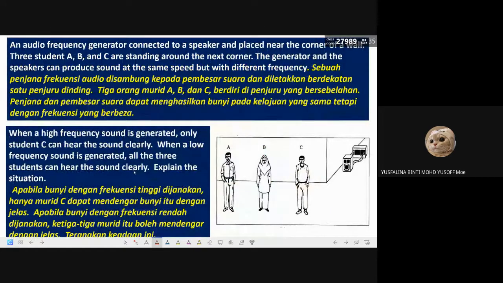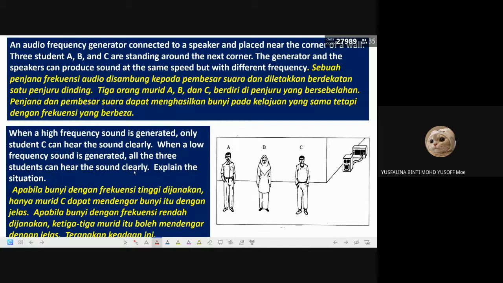Okay, and then for the next one, an audio frequency generator connected to a speaker is placed near the corner of a wall. Three students, A, B, and C, are standing around the next corner. The generator and the speaker can produce sound at the same speed but different frequency.